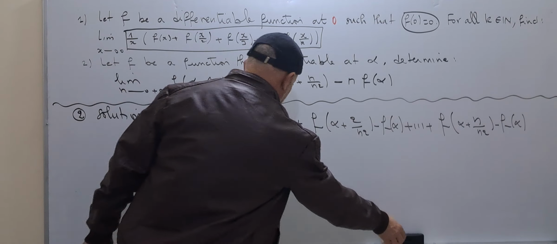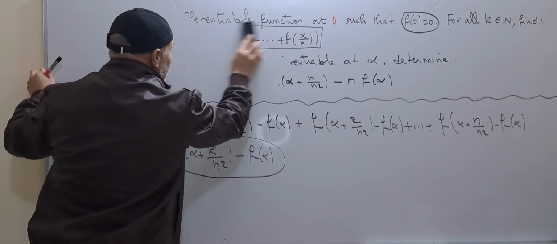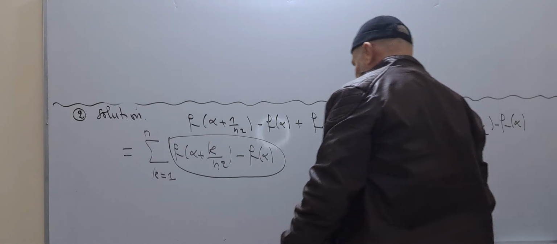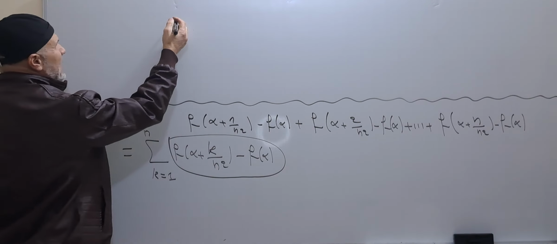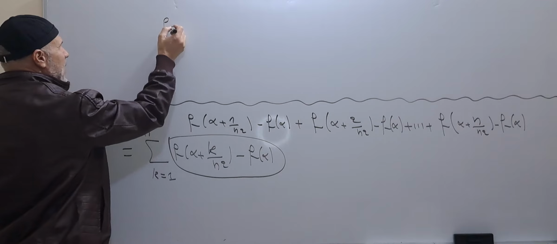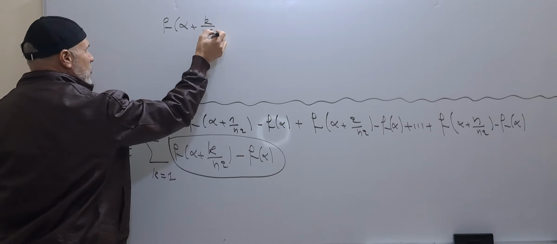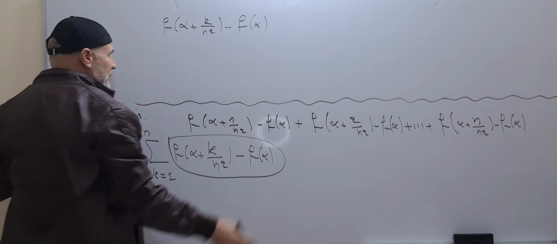I think that now I can clean the whiteboard here to use this area. Let us focus on this one: f of alpha plus k over n squared minus f of alpha.